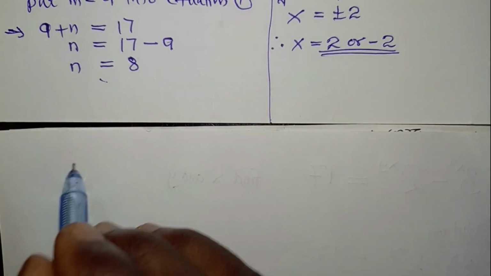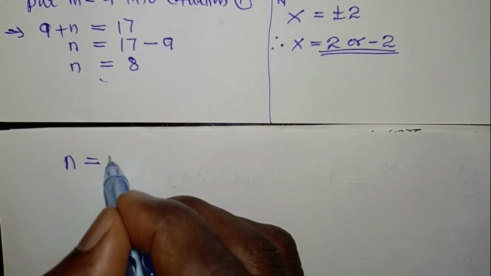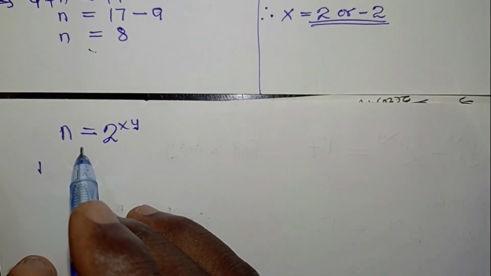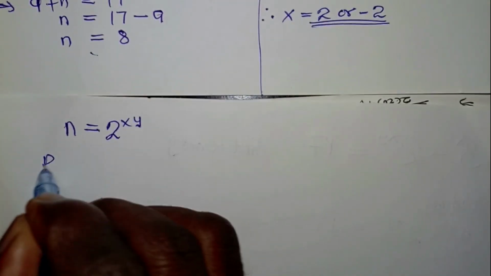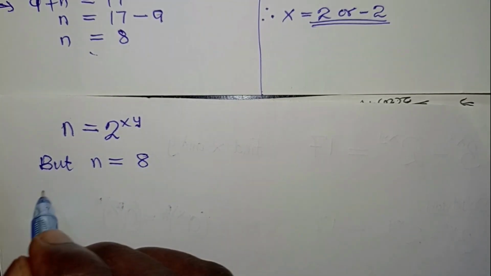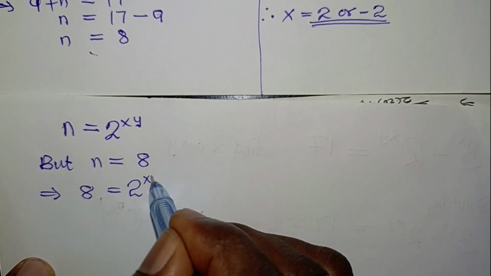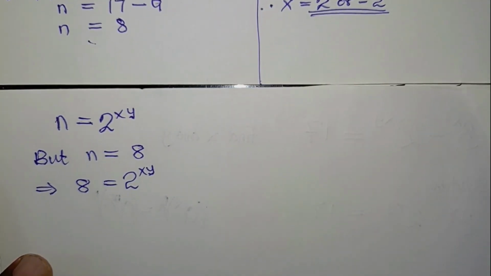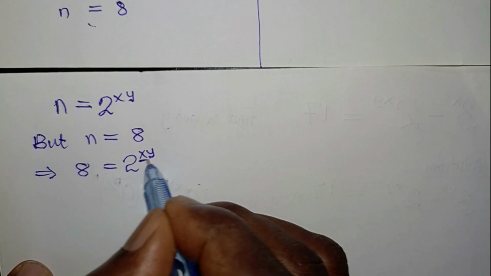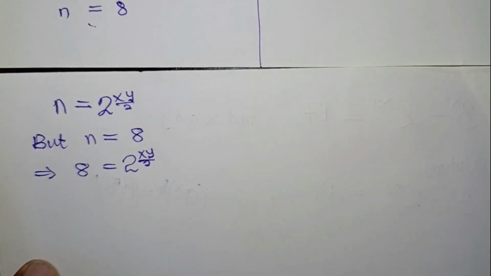Now let's look at the other part, the N part. We have N equals 2 raised to the power xy. But N was found to be equal to 8. So this implies 8 is equal to 2 raised to the power xy over 2.